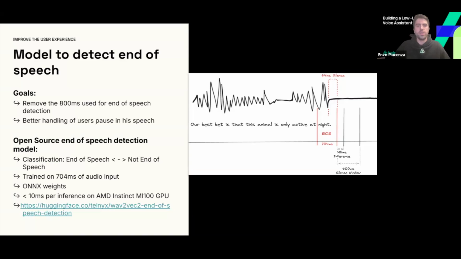So we were like, okay, if humans can detect when their speaker is done speaking, maybe we can have a model to do that as well. So we tried to build our model and we open sourced it. The model takes 700 milliseconds of audio input or even less, and with 10 milliseconds inference, it tells you if it's end of speech or not.